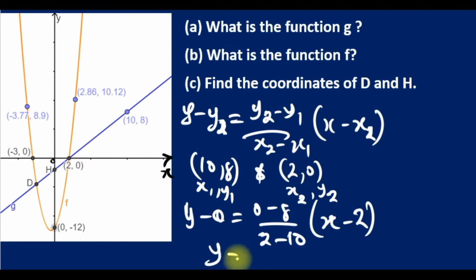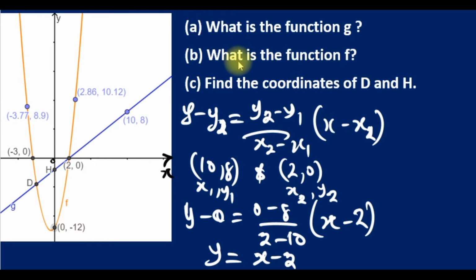So we have y equals minus 8 over minus 8, which is 1, times x minus 2. So that's the equation of the line.